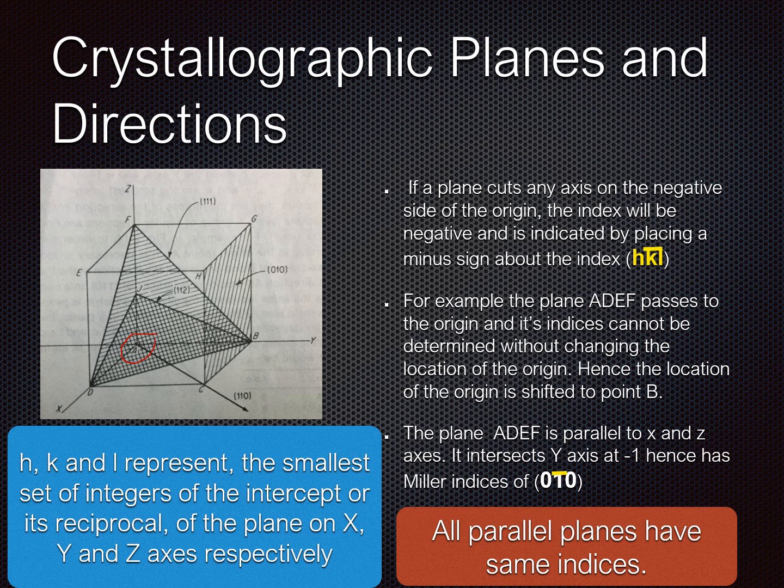Now if we consider the plane ADEF, this plane passes through the origin and its indices cannot be determined without changing the location of the origin. Hence, the origin is shifted from point A to point B.